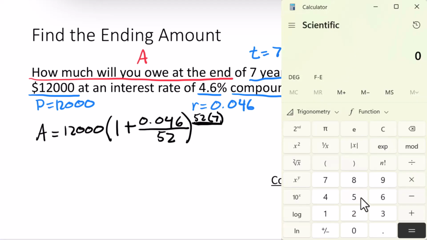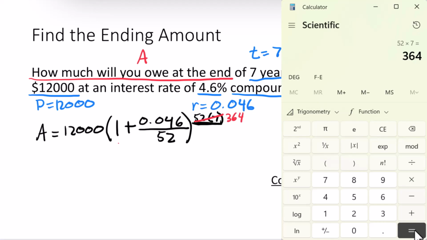So I'm going to start off by calculating out what 52 times 7 is. And it looks like that equals 364. So I'm just going to cross this off and write 364 instead. And basically that's the number of weeks that's in 7 years.